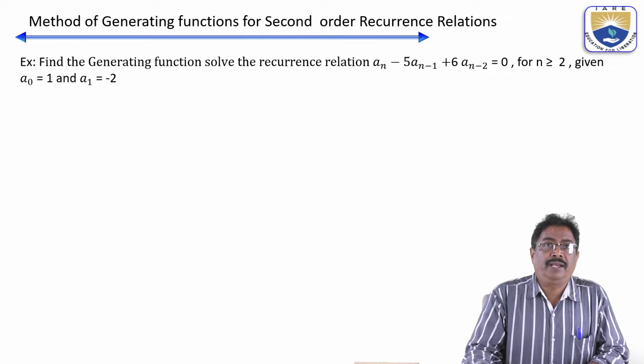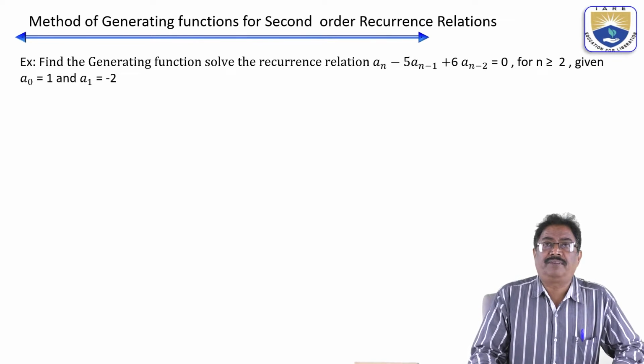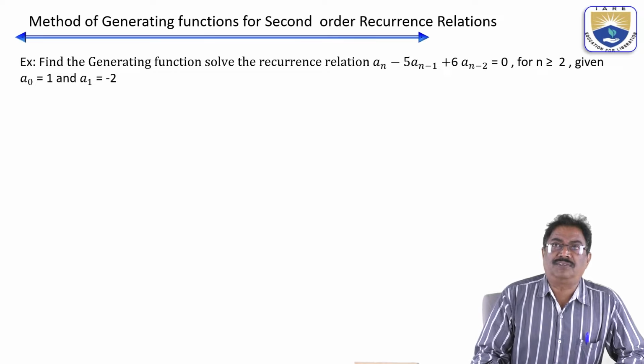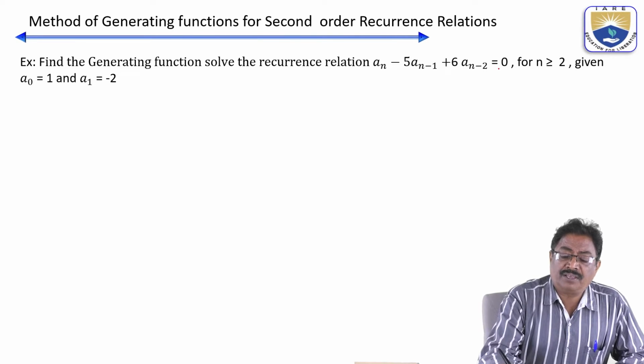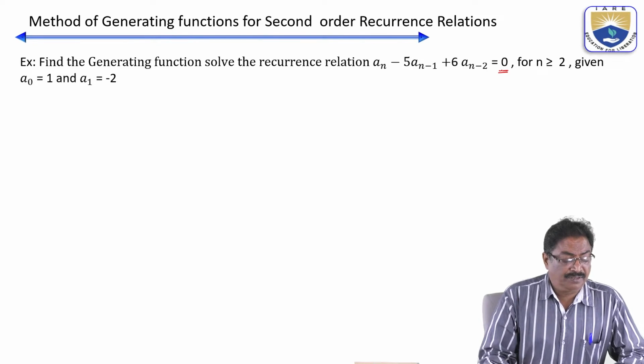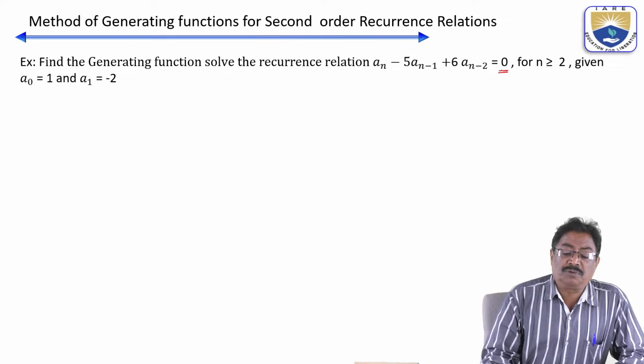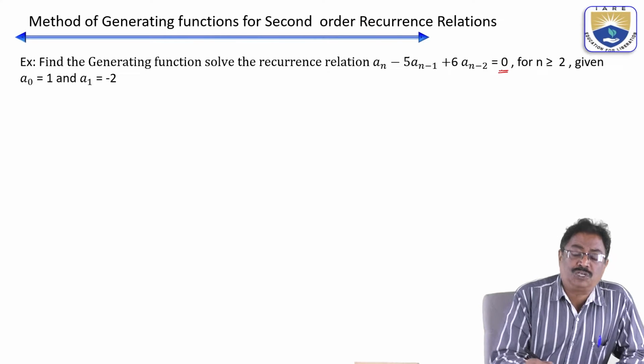Now, here it is given: find the generating function and solve the recurrence relation. It is homogeneous because f of n is equal to 0.